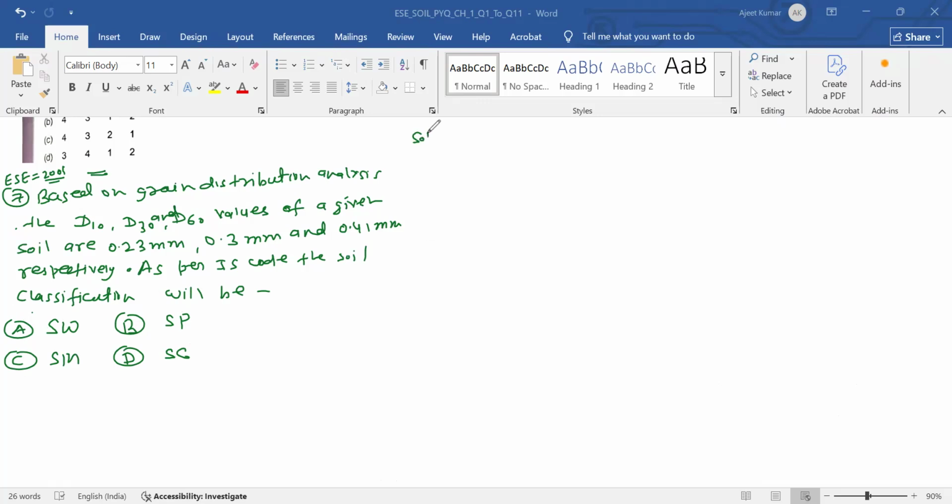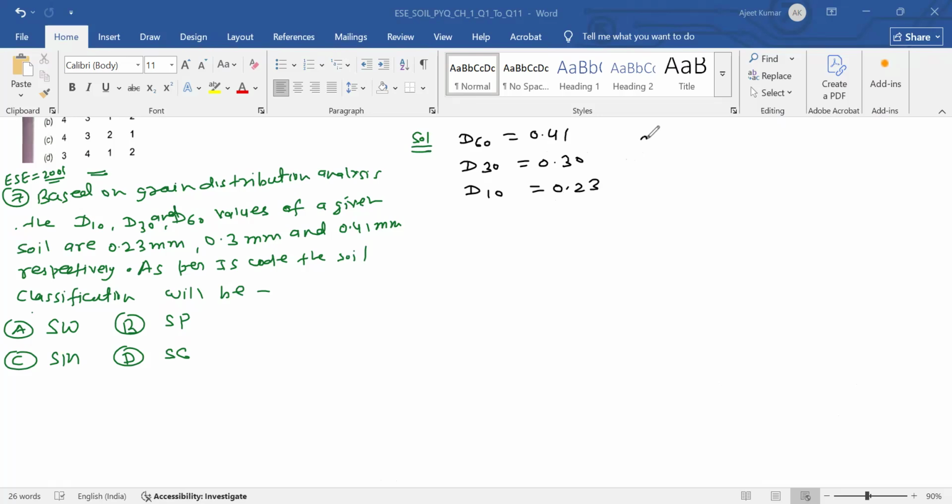Okay, so the solution is: D60 is 0.41, D30 is 0.3, and D10 is 0.23.